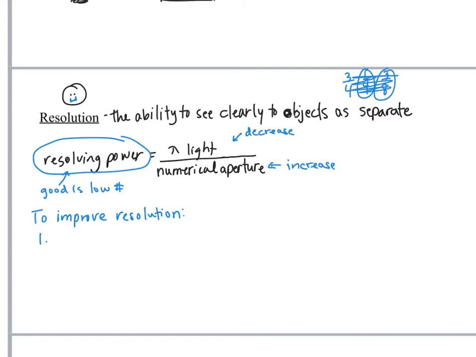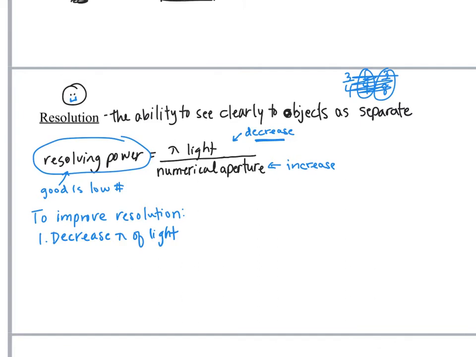All right, so if we could decrease the wavelength of light, let's write that. Decrease the wavelength of light. So how are we going to do that? Well, that's not easy with light microscopes. Visible light is between about 400 and 700 nanometers.